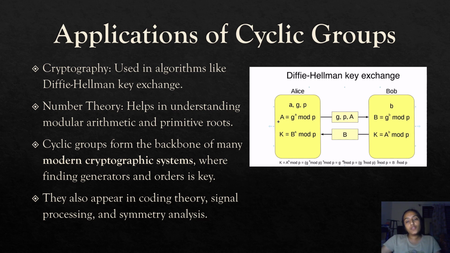They also play an important role in debugging software applications, and they appear in coding theory, signal processing, and symmetry analysis. All these topics are very crucial for developing any type of software or in general to solve mathematical problems.